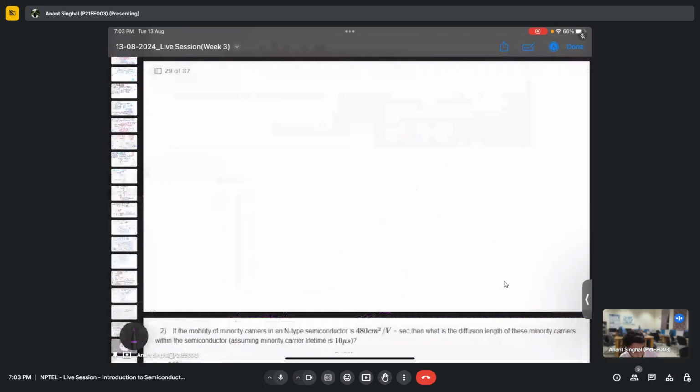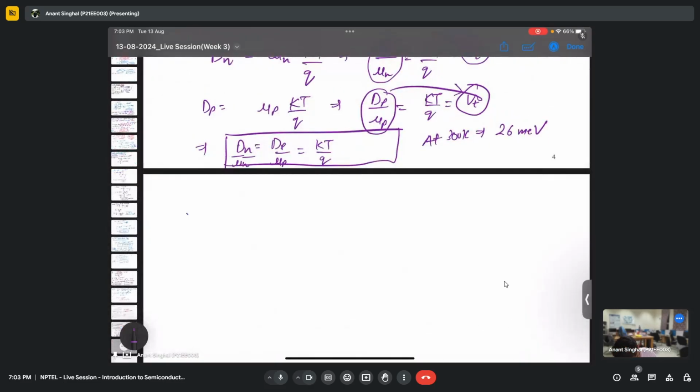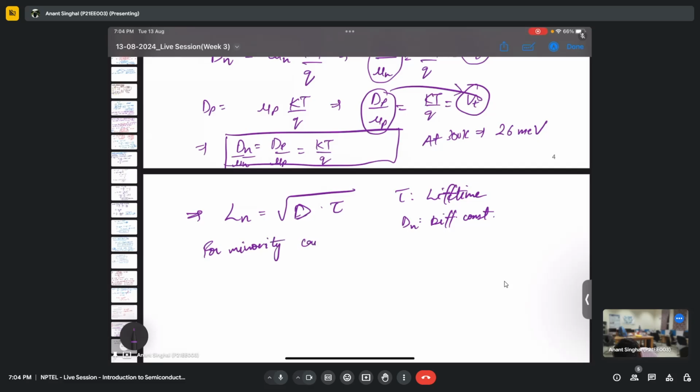Then we have certain more relations. Maybe I can write here only. Then we have the diffusion length relation, which is for N type. It is given by the square root of Dn times tau, where tau is the lifetime and Dn is the diffusion constant again. This is calculated for minority carriers, and L is the diffusion length.